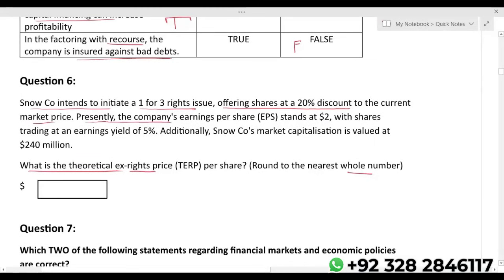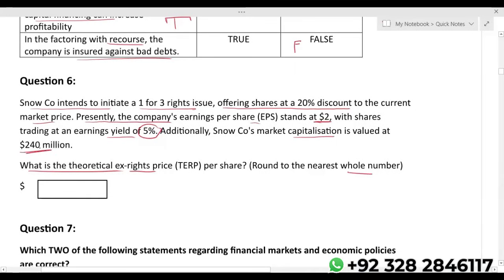Presently, the company's EPS is $2 with shares trading at an earnings yield of 5%. Earnings yield is 5%. Additionally, Snow Company's market capitalization is valued at 240 million.